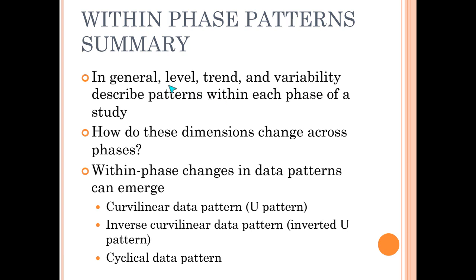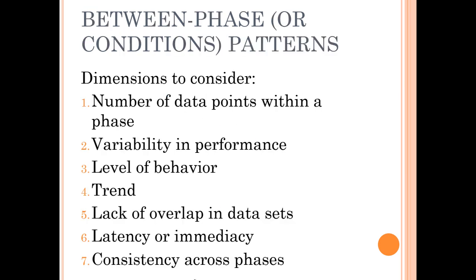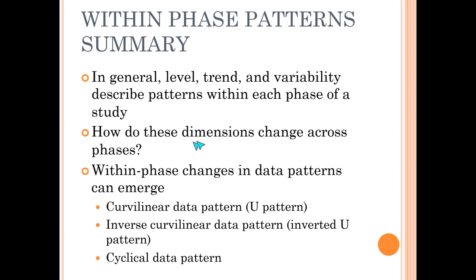We've talked about different patterns that might also occur: a curved linear, a U pattern, an inverse curved linear data pattern, inverted U pattern, or a cyclical data pattern. And these are typically indicators that on some measurement occasions there is an external influence, a covariate that we haven't planned for, that is influencing how the participant behaves.